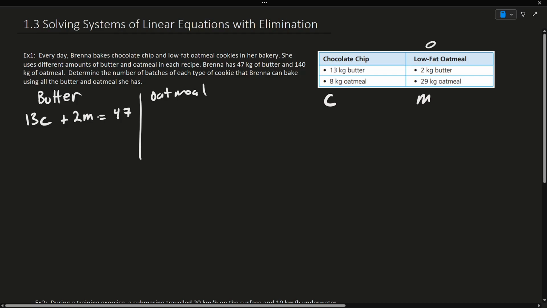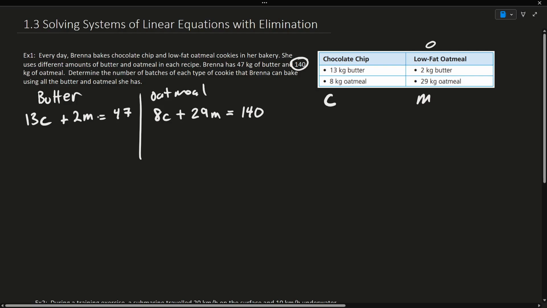And for the oatmeal, 8 times the chocolate chips plus 29 times the oatmeal should equal the total amount of oatmeal that she has, which is 140 kilograms. Okay, so this girl has a lot of stuff.